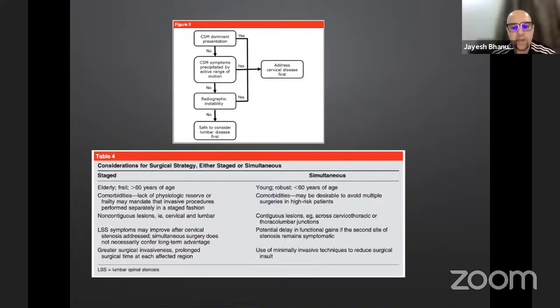Simultaneous surgery is for younger patients with low comorbidities, and especially contiguous lesions, meaning spanning two regions like cervicothoracic or thoracolumbar. In such patients, even if we do a staged procedure, there's a potential delay in functional gains, as the second stenosis may not give you a better result if we do it at a later stage. So that's how he has divided the two groups as to when to do staged and when to do simultaneous.